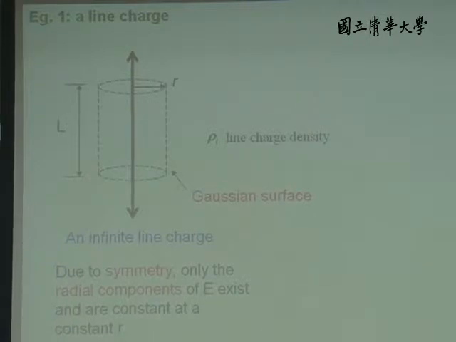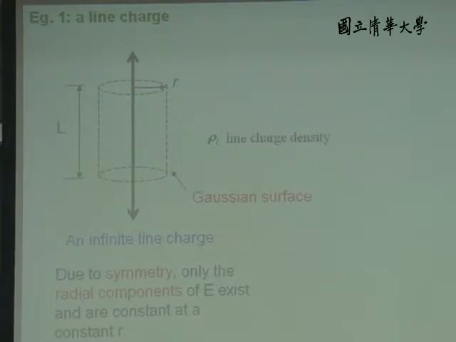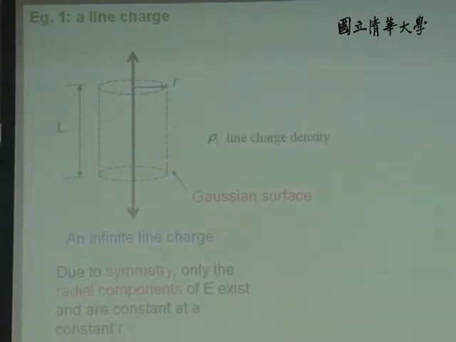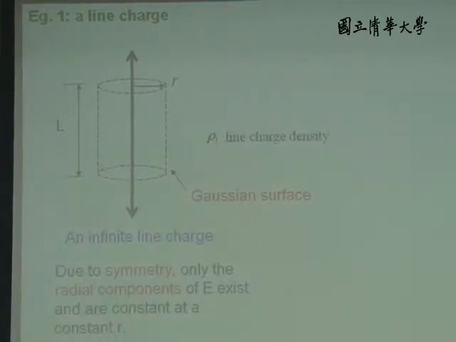So you know that for constant r, you always have a radial direction of electric field. 它的 electric field 永远都跟这条线互相垂直，而且在同一个 r 的距离，这个电场强度会是一样。So given this, you can construct a Gaussian surface like this.